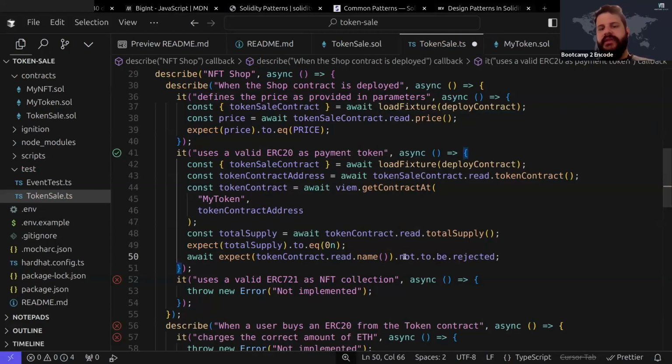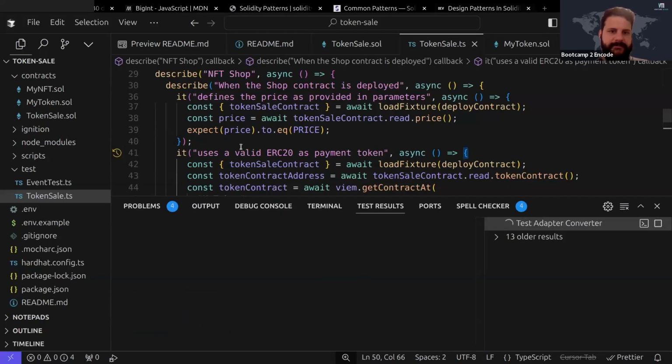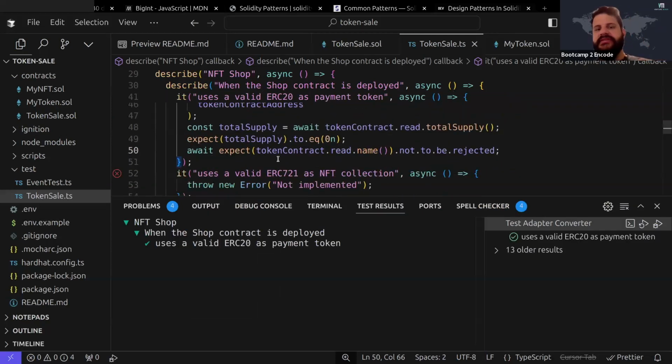So there are some methods where you can make a call and expect it not to be rejected, and you don't care about the name and all. I'm not sure if the syntax is correct here. You see, yeah, it's correct. So you can test some things like this.